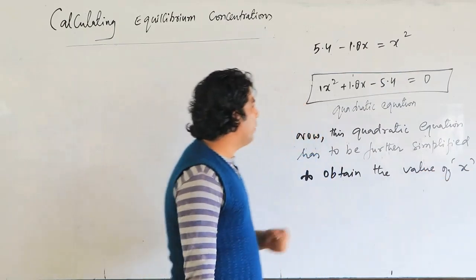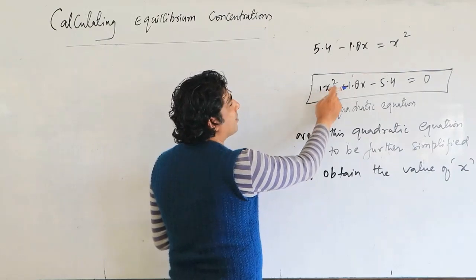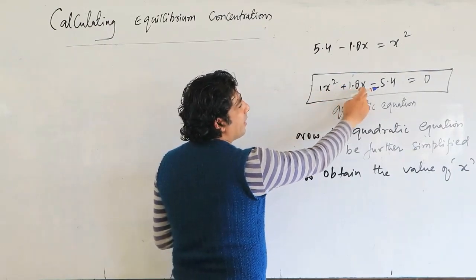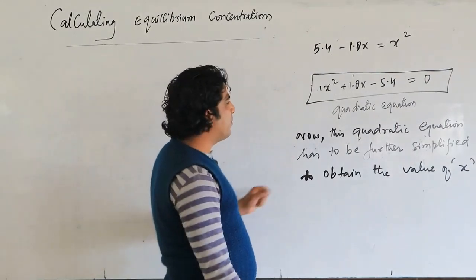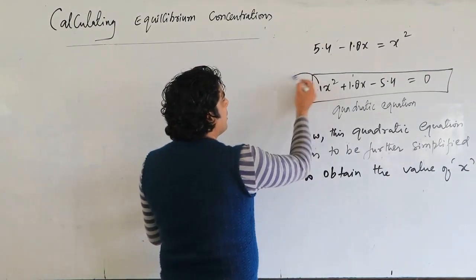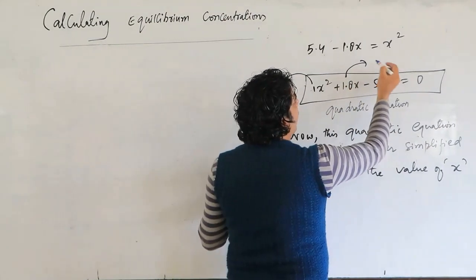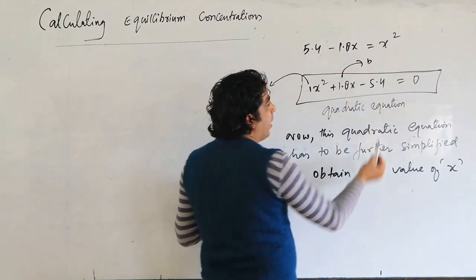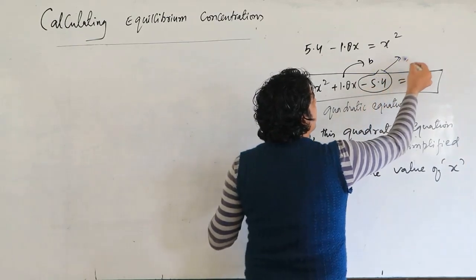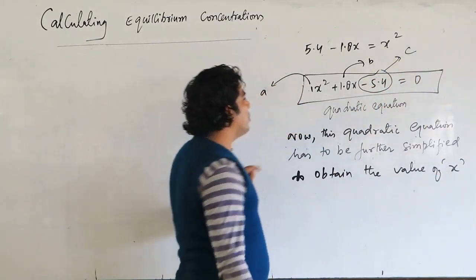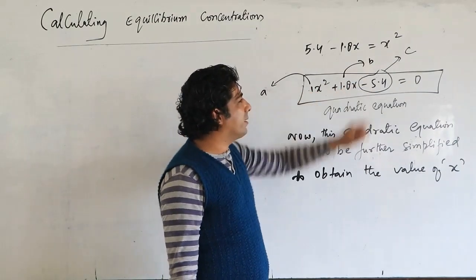Now have a look here. Here we have 1x squared, 1.8x minus 5.4 is equal to 0. So let us suppose this 1 is taken as A, and this 1.8 will be taken as B, and this 5.4 is taken as C. These two are basically plus, but this one is minus, so C is minus.